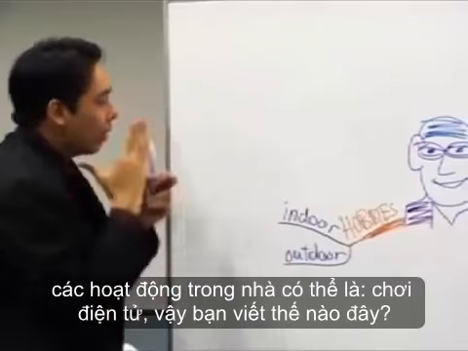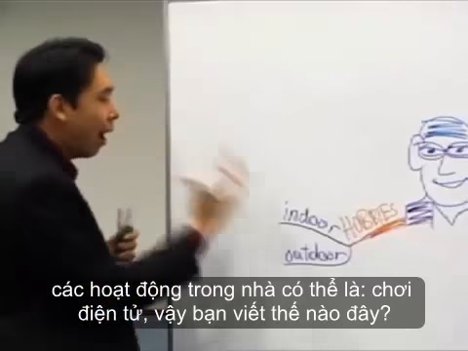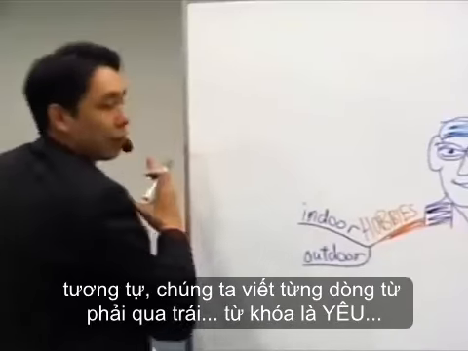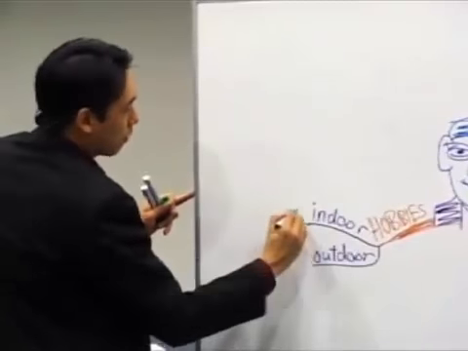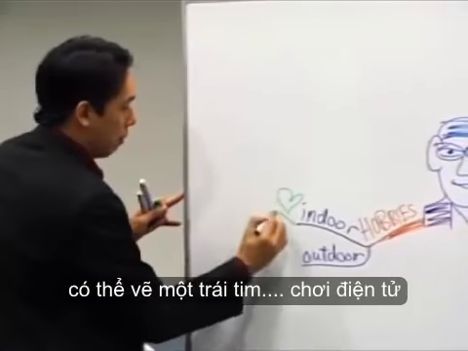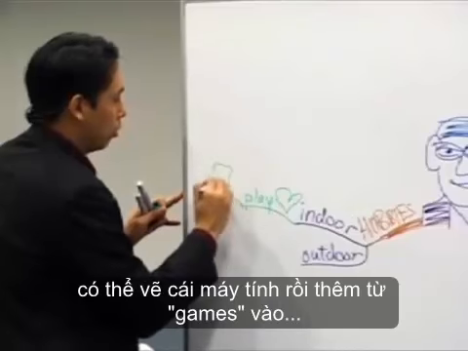Under indoor hobbies, he could, let's say, love to play computer games. So how do we write this down? Again, one word or one line, except this time you branch from right to left. So loves, I can draw this heart there to represent loves, playing computer games. Playing, I could draw a little computer over here.